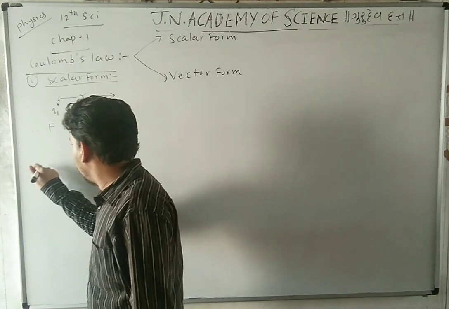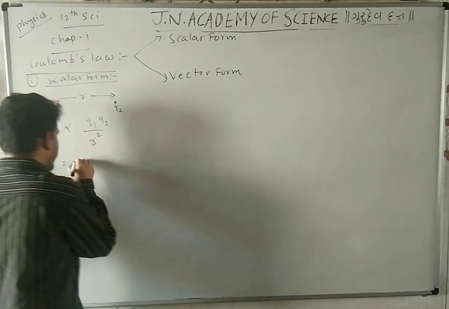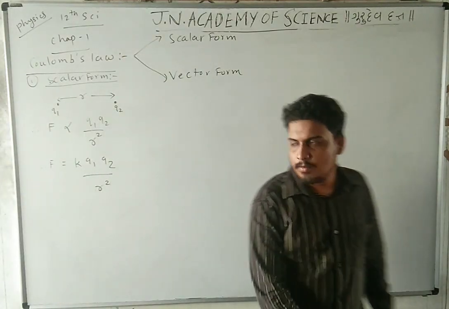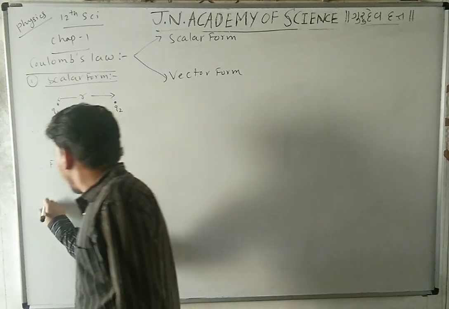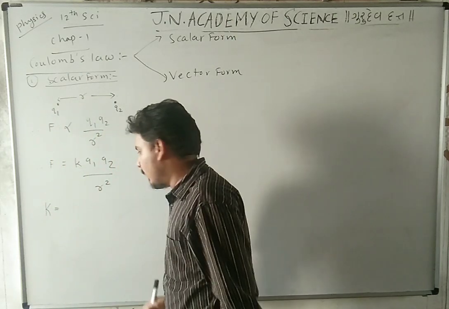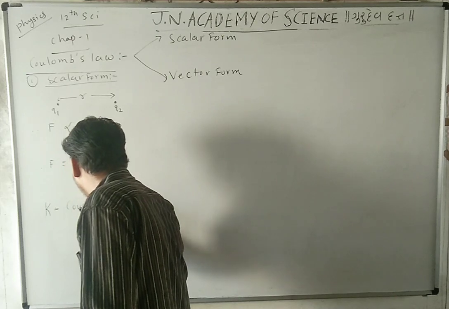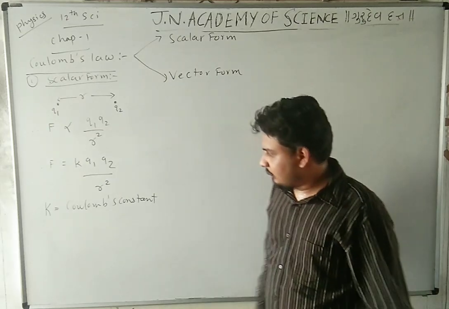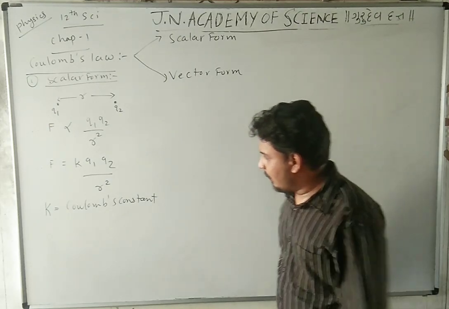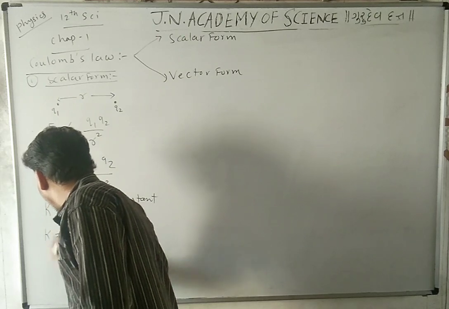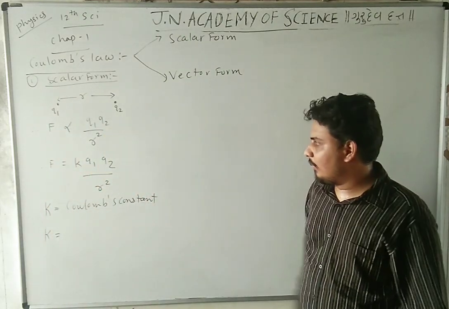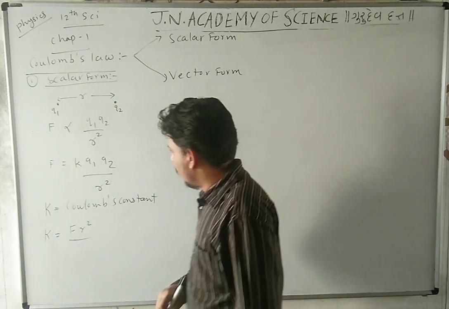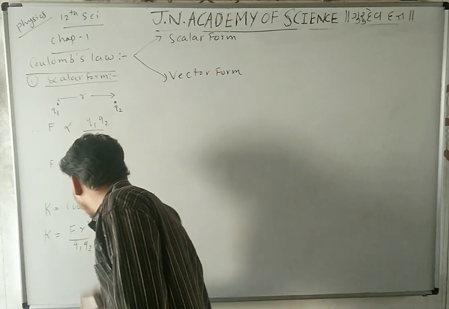So if we remove proportionality, then there will be some constant K, which is known as Coulomb's constant. If you want to know the unit of Coulomb's constant, then K will be F r square upon q1 q2.